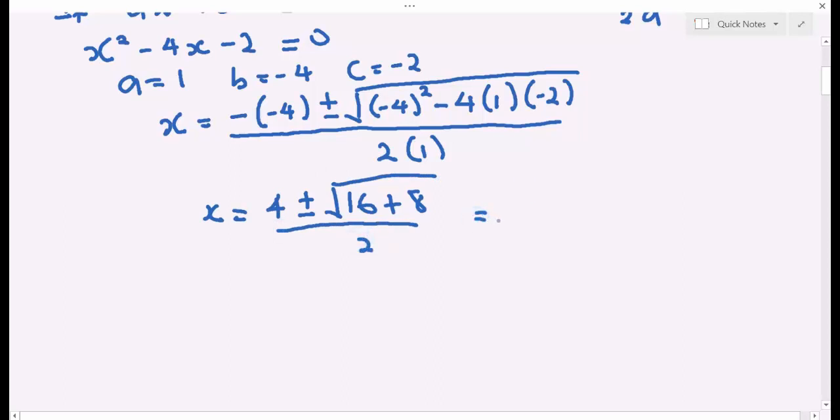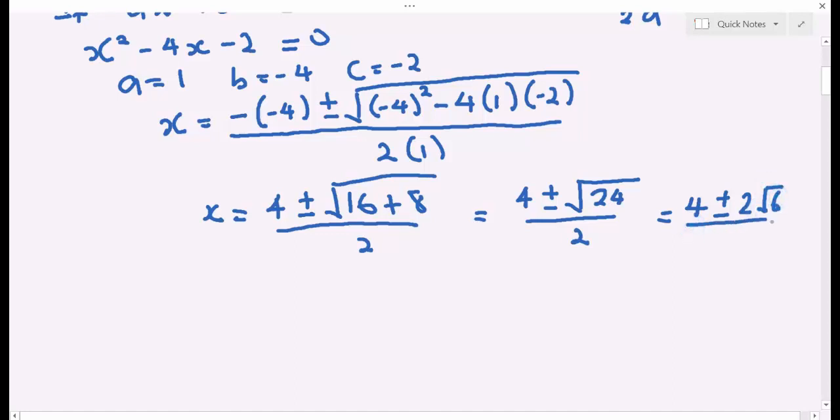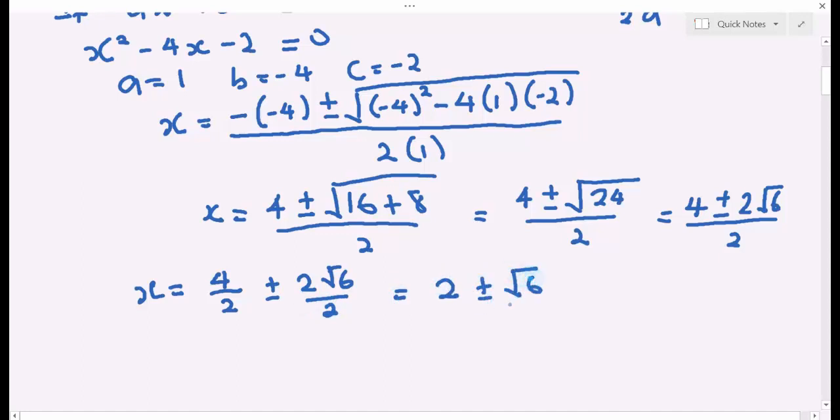This will give us 4 plus or minus the square root of 24 over 2, which is the same thing as 4 plus or minus 2 root 6 over 2. When we divide through, this will give us 2 plus or minus root 6. We arrived at what we had before.